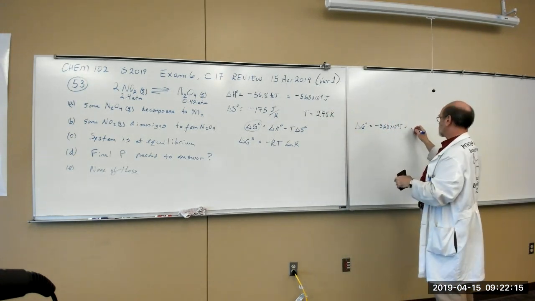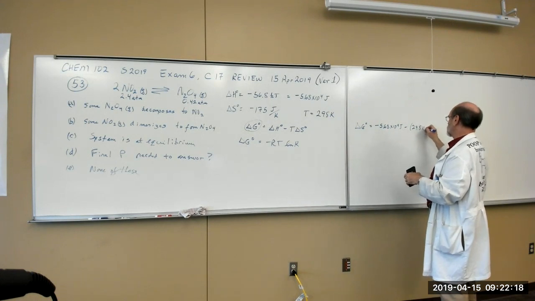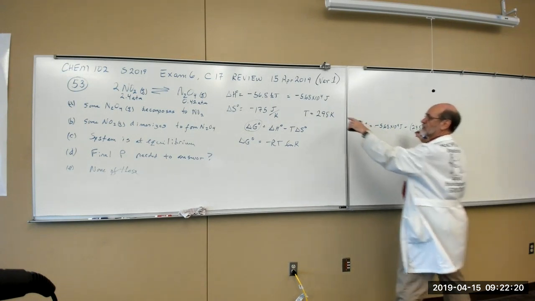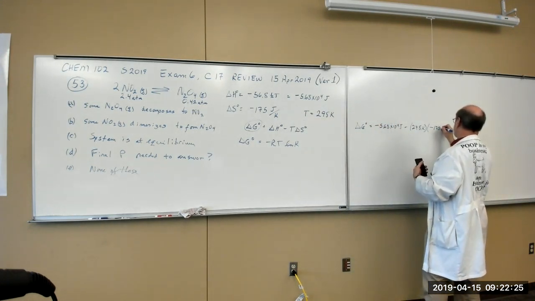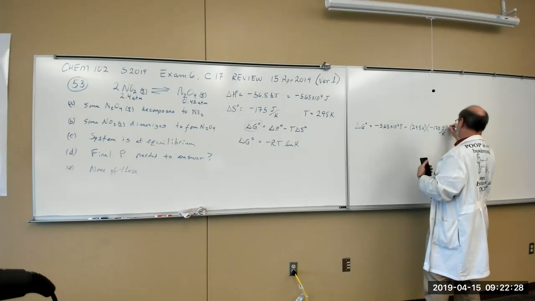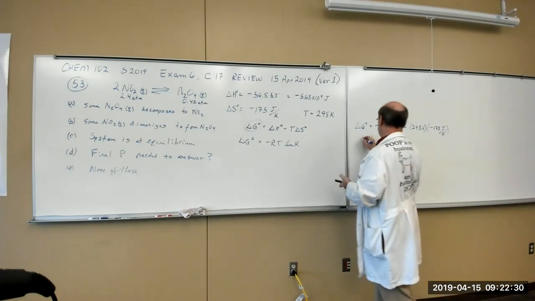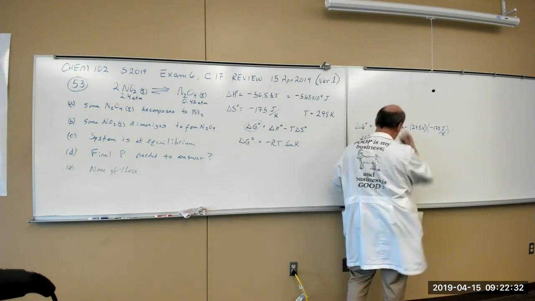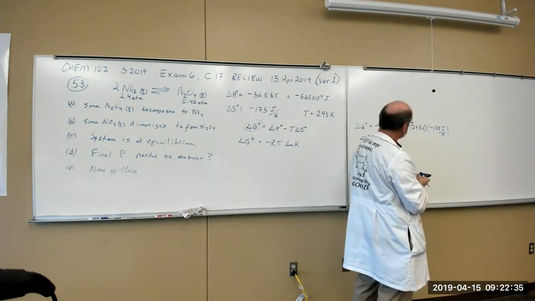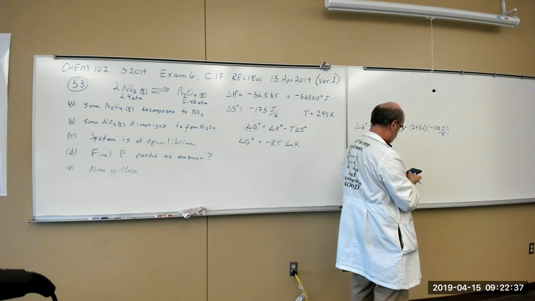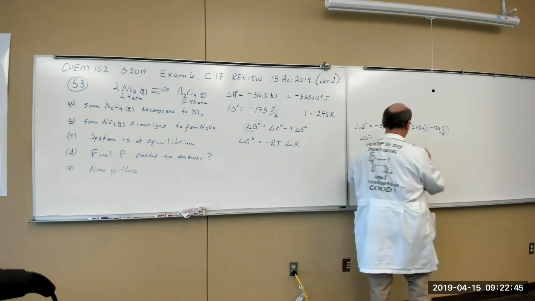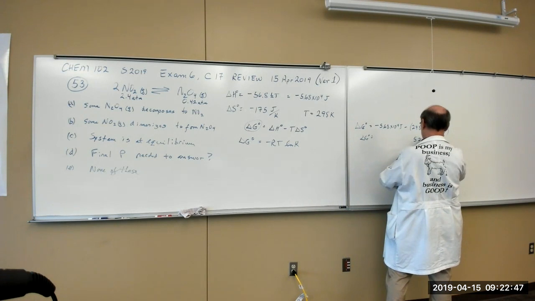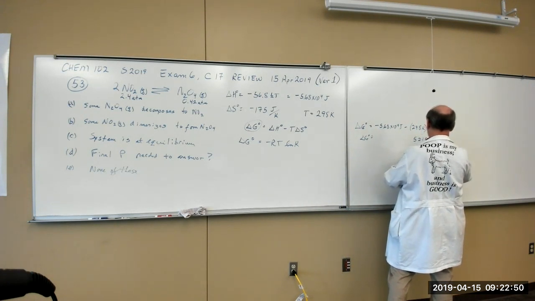And then T is 298 K times minus 175 joules per K. So delta G0 equals 298 times 175, which is 52,150 joules.